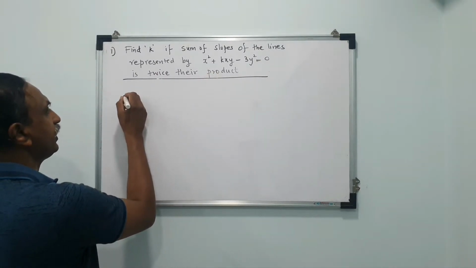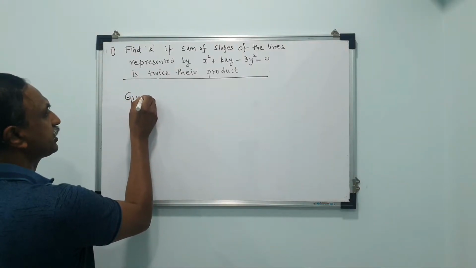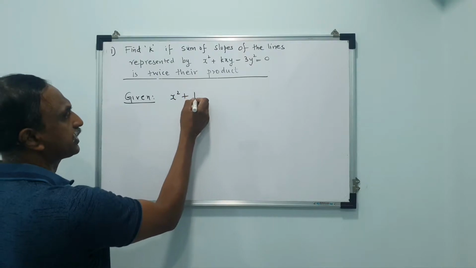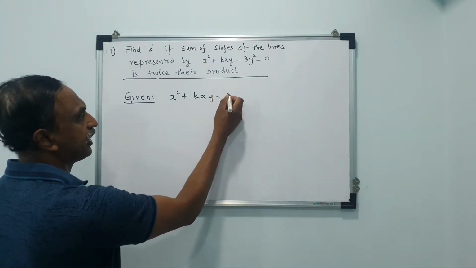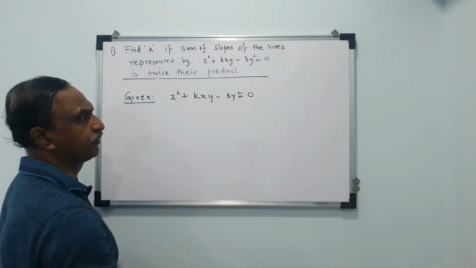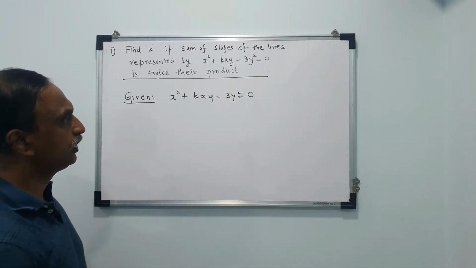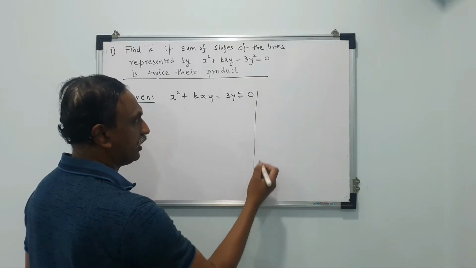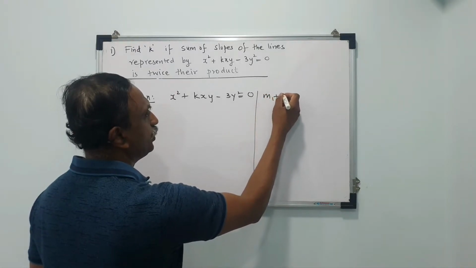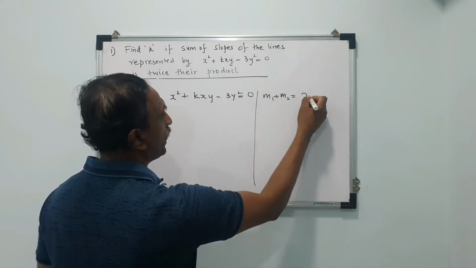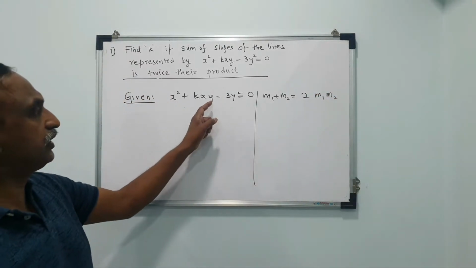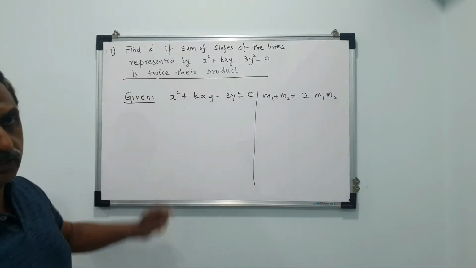The homogeneous equation given to you is x² + kxy - 3y² = 0. And what is also given is that m1 + m2 is twice m1 · m2. From that condition, we need to get the value of k.